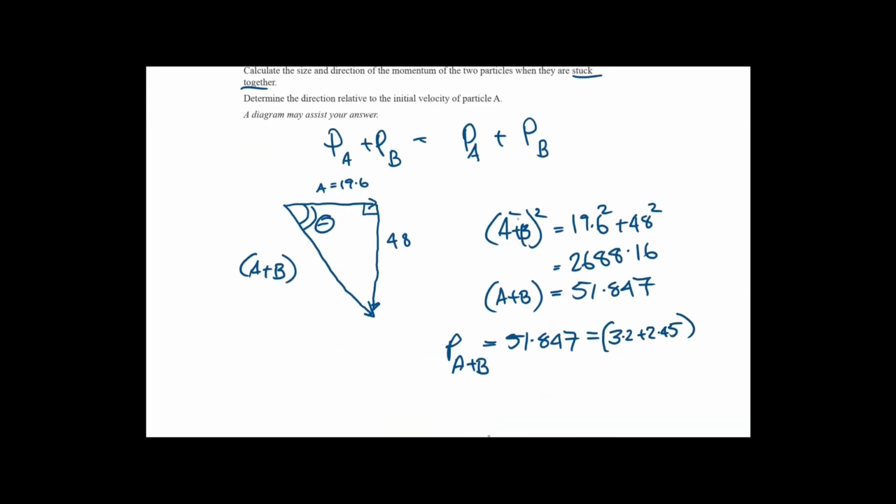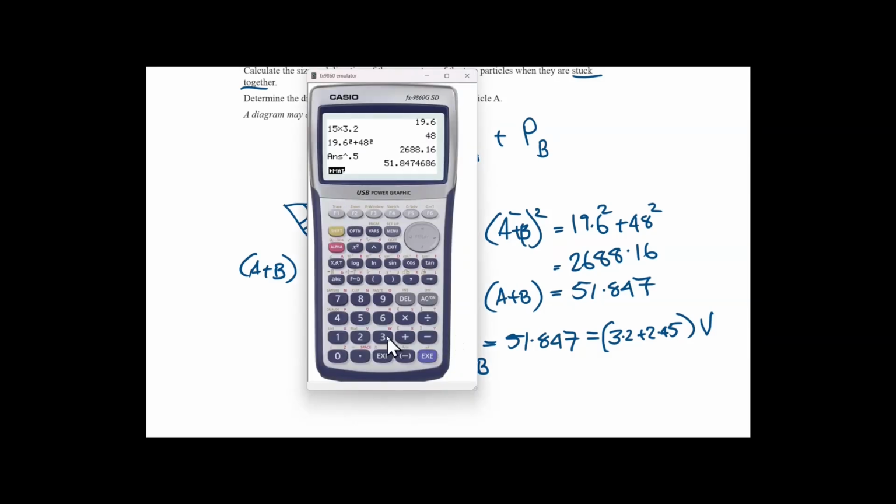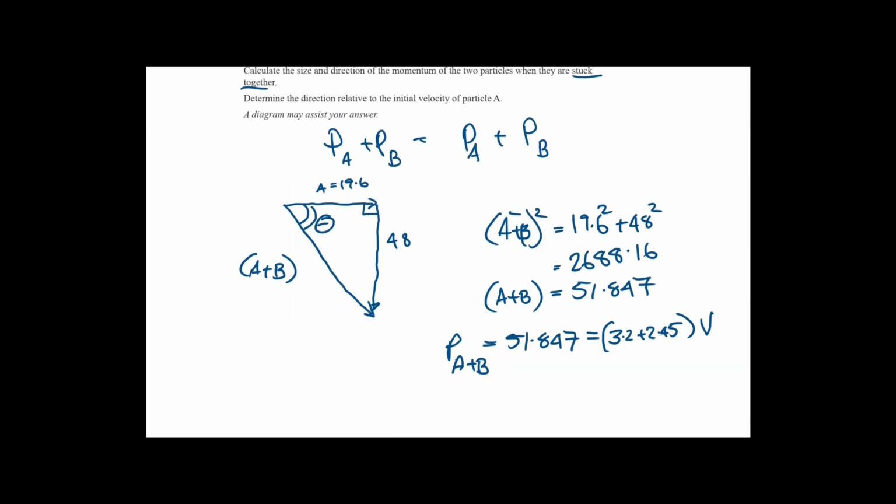It's perfectly inelastic, so both of them combined form a mass of 5.65 kilograms times the velocity, and that's going to equal 51.847.